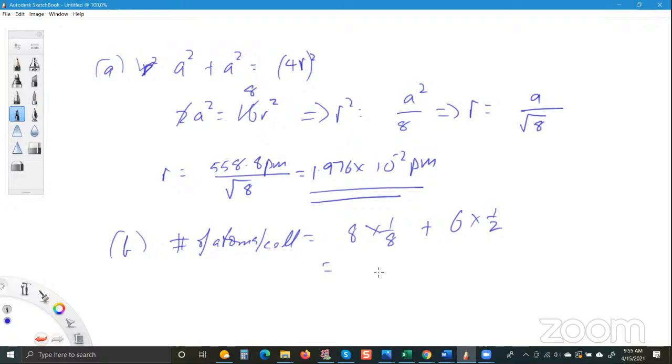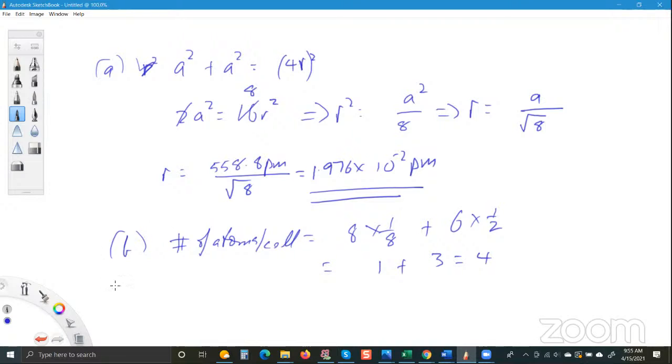So when this adds up, you're going to get 1 plus 3 equals 4 atoms. Therefore, there are basically 4 atoms per cell in the face-centered cubic arrangement.